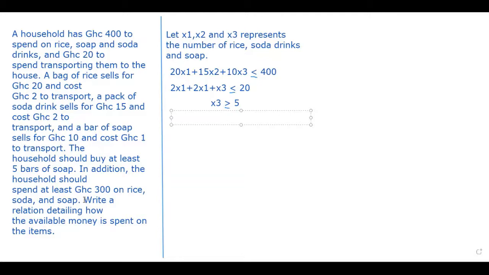So it means X1, which is rice, plus S2, which is soda drinks, plus S3, which is bar of soap, at least 300 cedis.